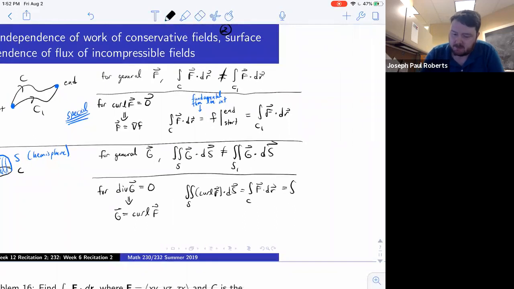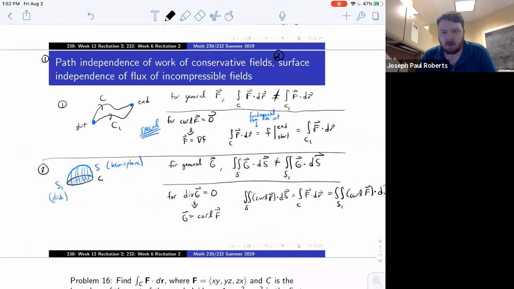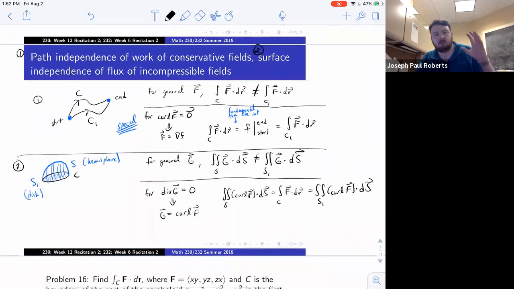So it's the same exact phenomenon, that when your vector field has the appropriate special property, you can change the surface to be something similar.